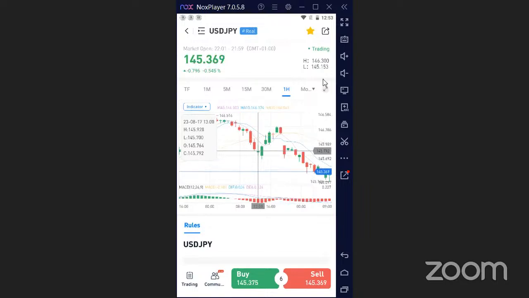Since my other system is not operational, let me just share the screen, my screenshot with you guys. So I'll be able to explain with the screenshot, then we take the trade.